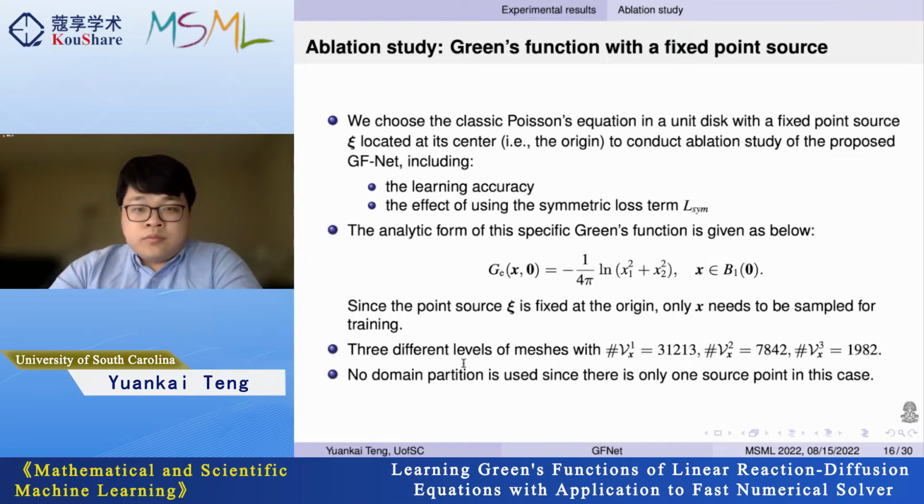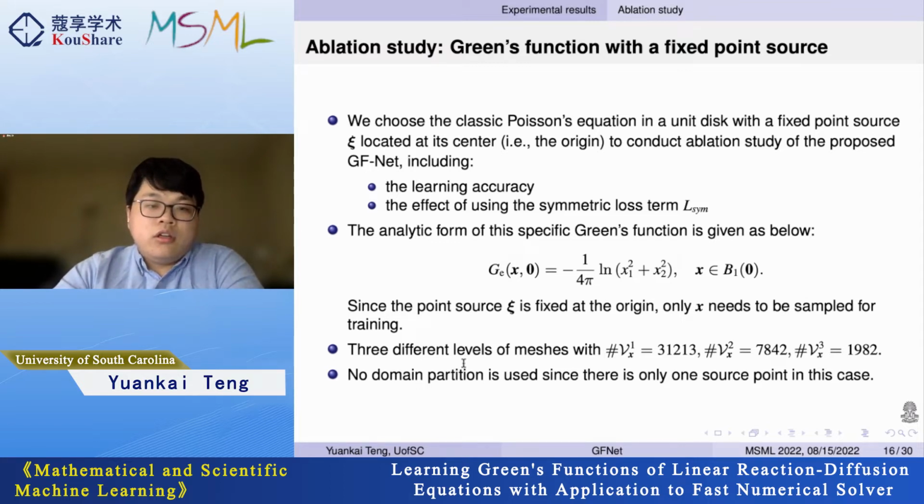So here we would like to introduce some ablation study. The first part is the ablation study on Green's function with a fixed point source. We choose the classic Poisson equation in a unit disk with a fixed point source located at the center as the example to conduct the study of the effect of the learning accuracy and the effect of using the symmetric loss term.